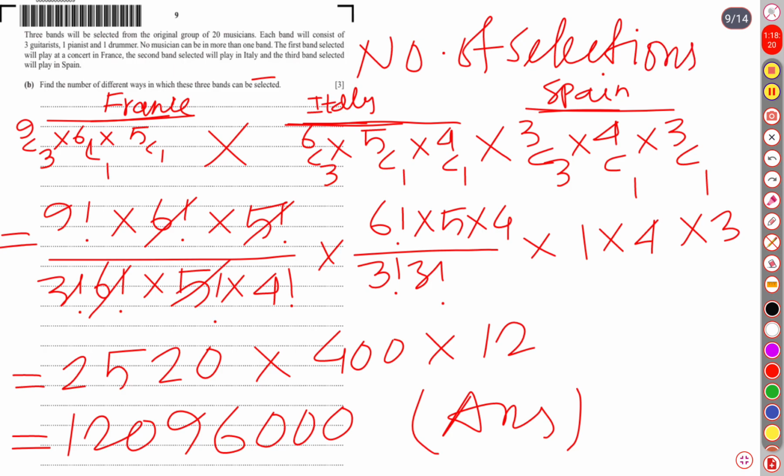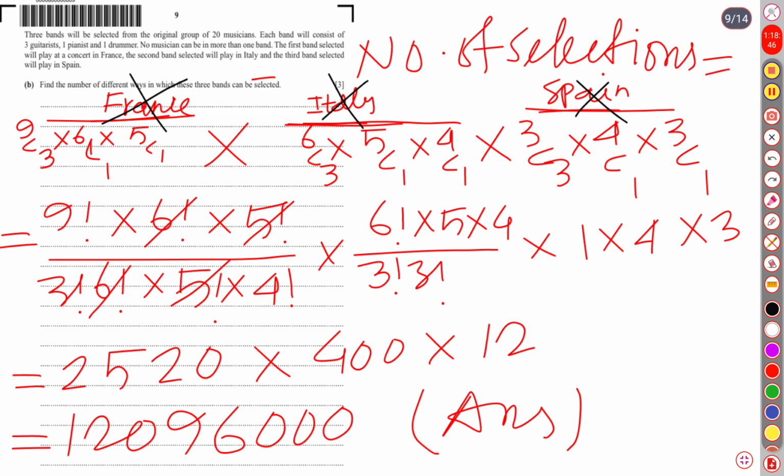Whenever you write number of selections at the beginning, you don't need to write this; don't mention this, friends. You will simply write the quantities putting a multiplication symbol in between them. For explanation I have just written France, Italy, and Spain, so you just delete or omit this.